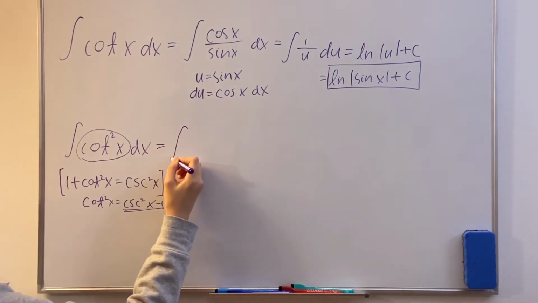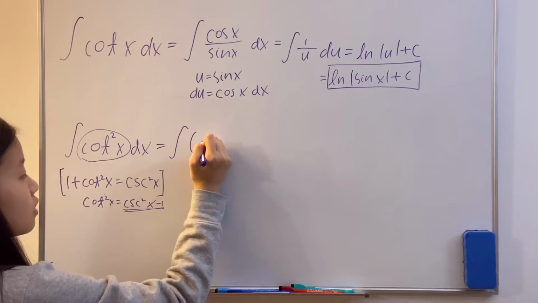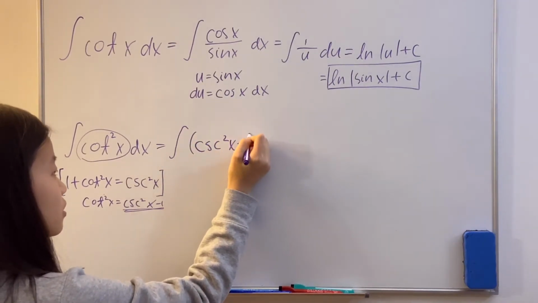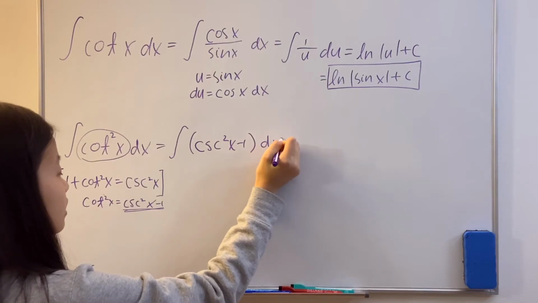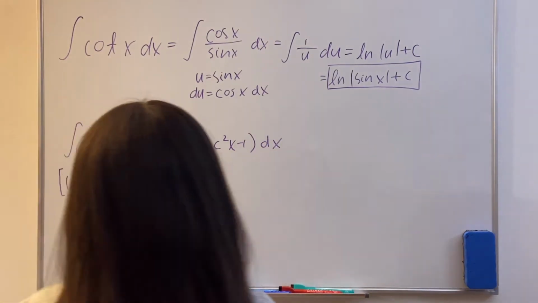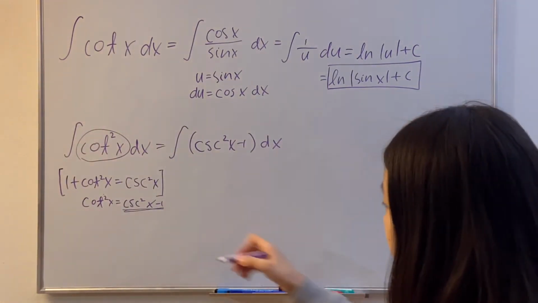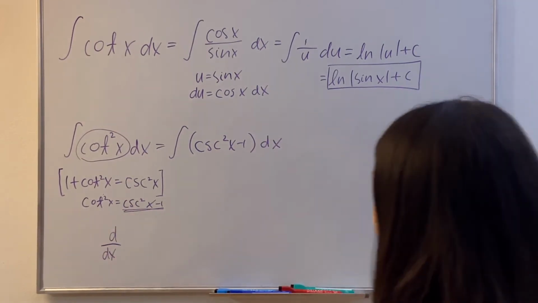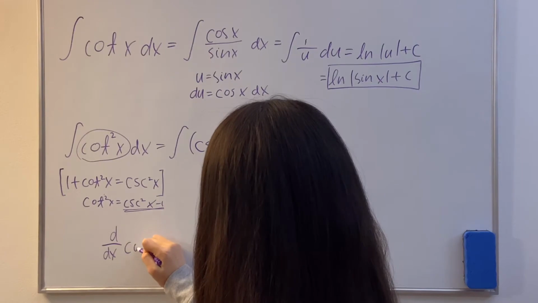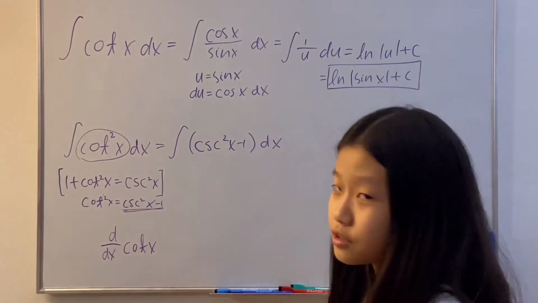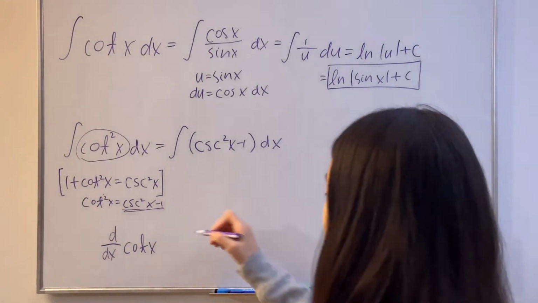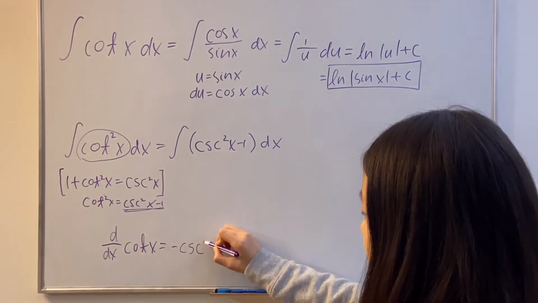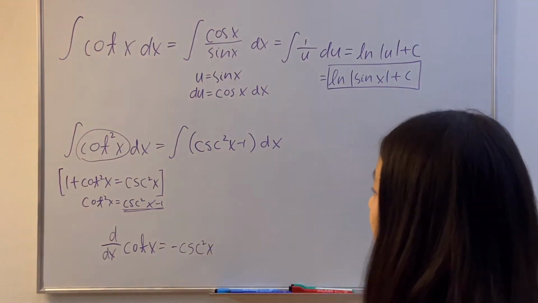So this is equal to the integral of cosecant squared x minus 1 dx, and we know that the derivative of cotangent x is equal to negative cosecant squared x.